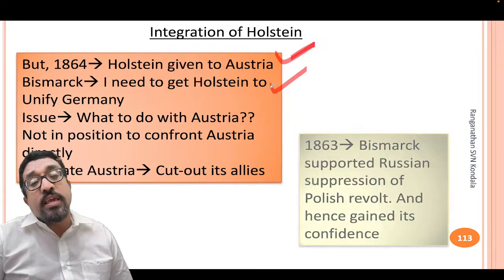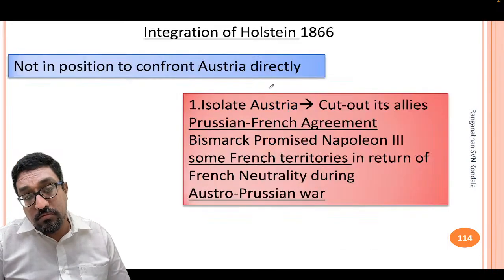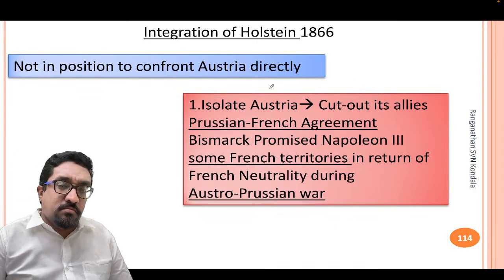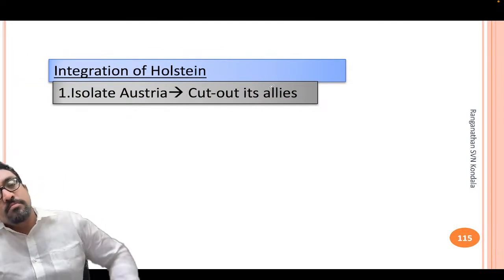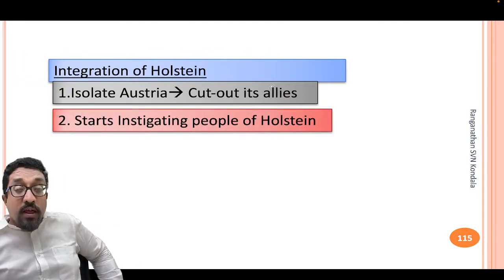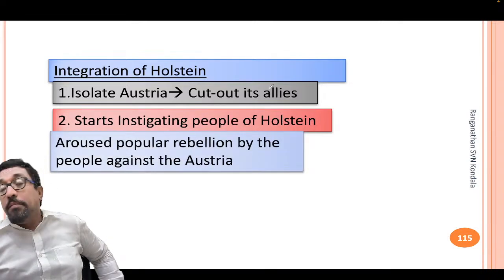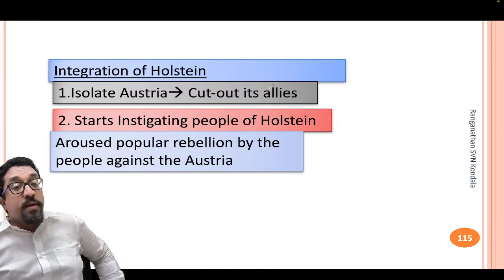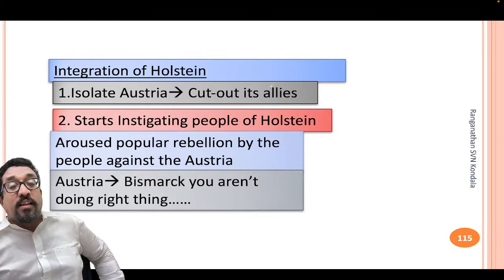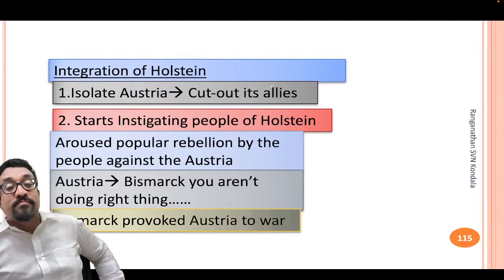And Austria was like, ये गलत है. Austria had no allies. Bismarck started instigating the people of Holstein. People of Holstein stood in rebellion. Austria declared war on Bismarck.